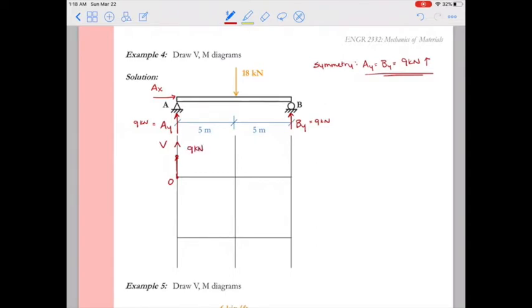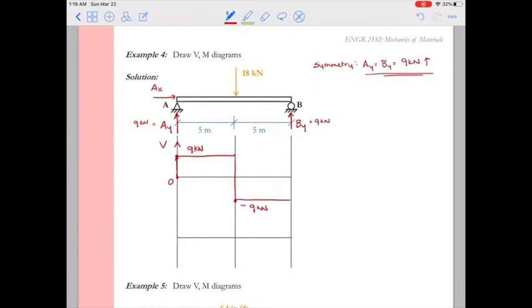Now we have no load acting between A and the middle of the beam, so the shear remains constant at all points until we get to the middle, at which point we have an 18 kilonewton force down. That pushes our diagram down. If we were at positive 9 and we go down 18, we end up at negative 9 kilonewtons.